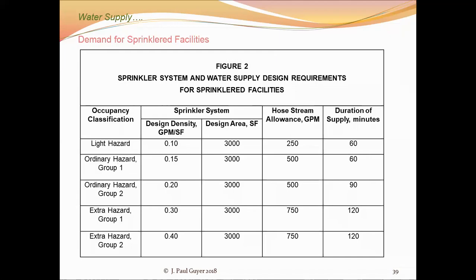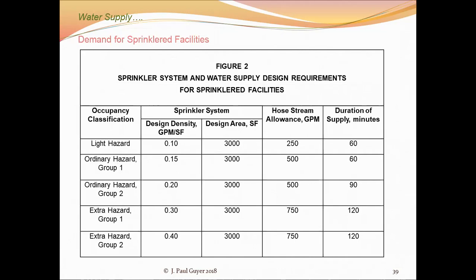And if the municipal water utility gets back to you and says, yeah, we can supply that quantity of water to you for fire protection purposes, then fine. Then you just rely on hooking up to the water system out in the street. But if the water utility gets back to you and says, no, we don't have the capacity to provide that quantity of water to you for fire protection purposes, and so you're going to have to store water on site.